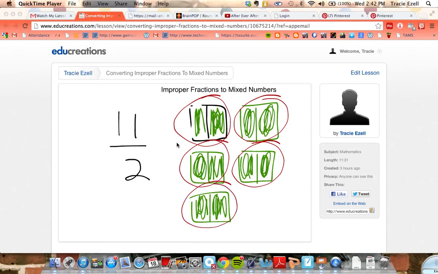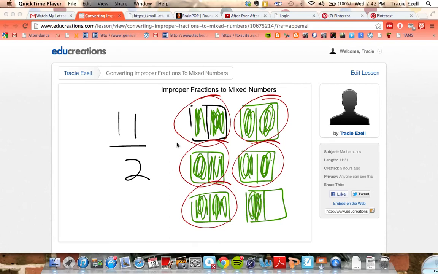But that only got me to what? Do you remember? It got me to 10, but I need to have 11. So that means I'm going to have to draw one more and divide it into 2. But am I going to shade both of those? Nope. I'm just going to shade one because I only need 11.